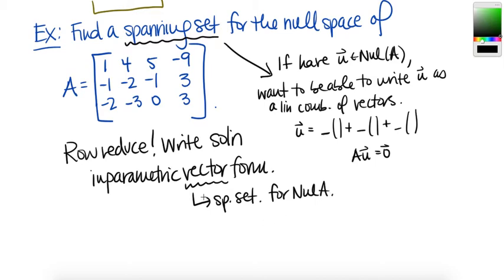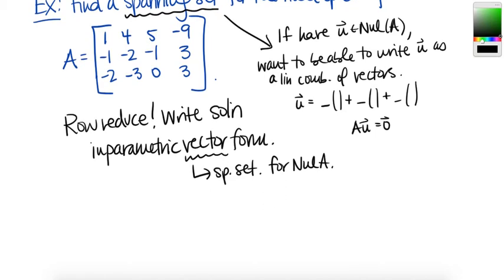All right, so let's write this down. And let's remember, right, what are we row reducing? Well, null space is Ax equals 0, right? So we're going to row reduce this matrix augmented by 0.